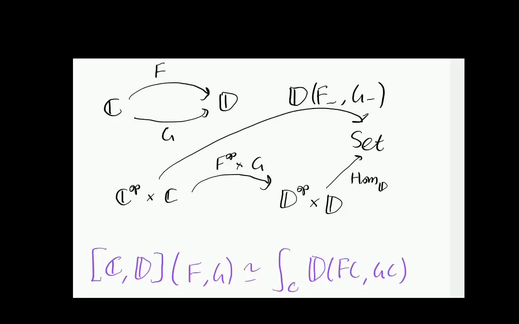So I'm going to explain exactly how this works, but just intuitively, you can think of this end as being like taking the product over C of the set of arrows from FC to GC. Now, it's not exactly that, as I've said before.